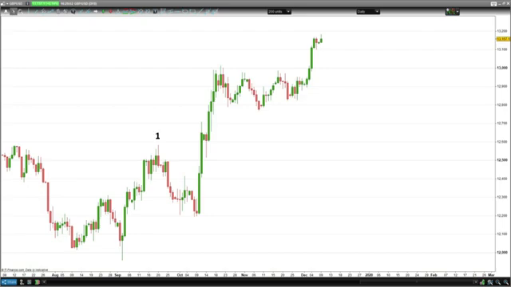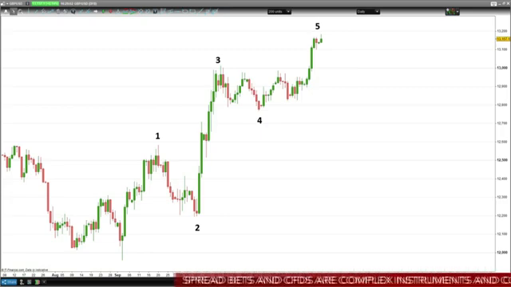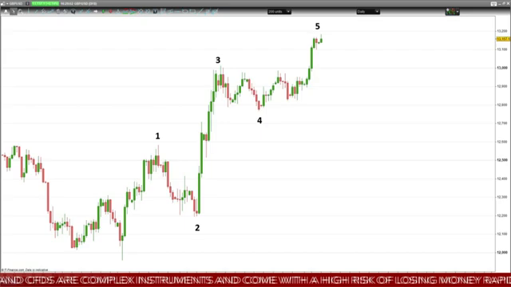If you just looked at this, you could count this as a 1, 2, 3, 4, 5. And that's quite easy. So if you were looking at wave 5, you'd look back to the left of your chart and say, okay, we've come from a nice advance to the upside, a nice motive wave to the long side. So you might be at the top of the market. And it really does help with that.